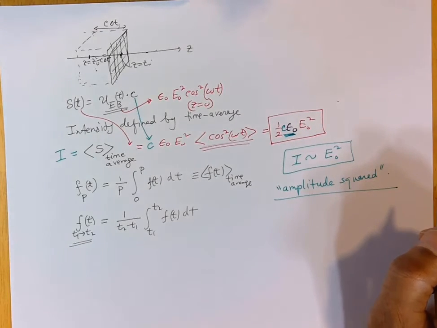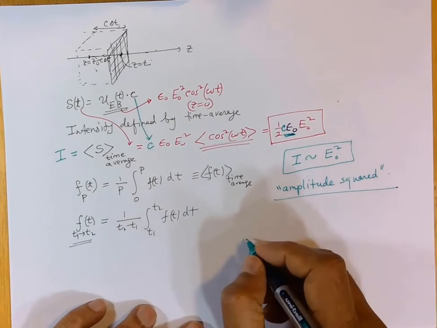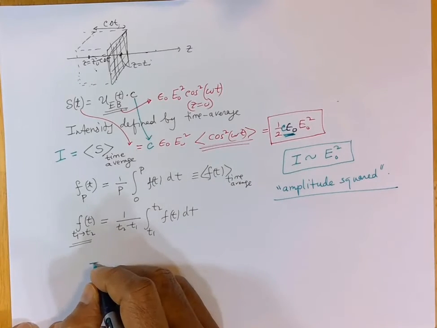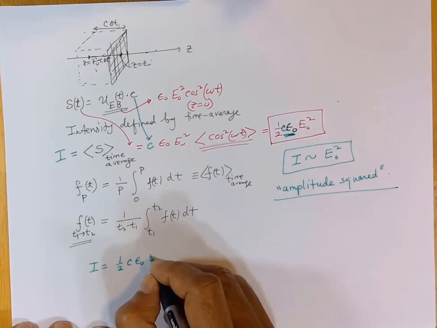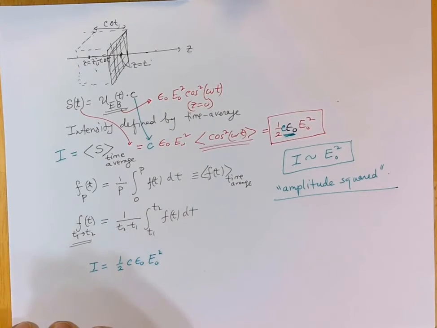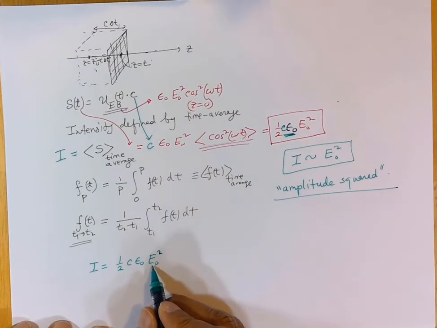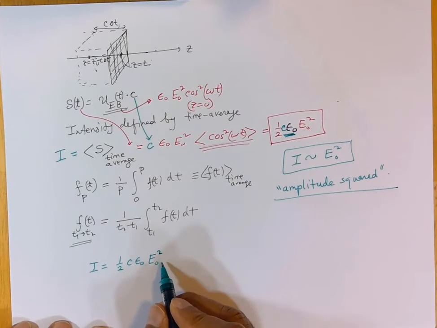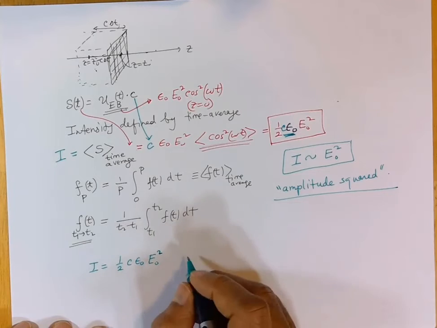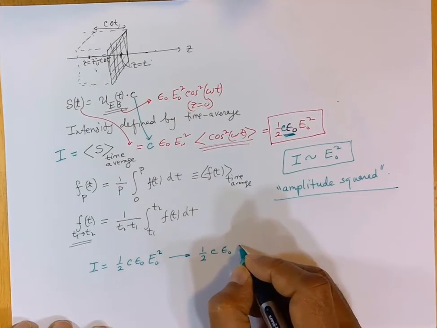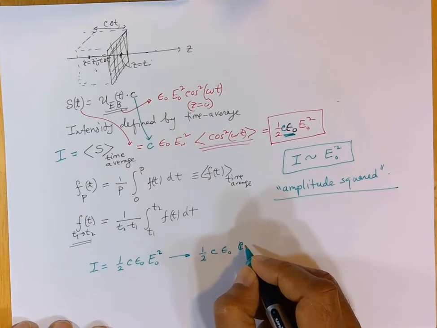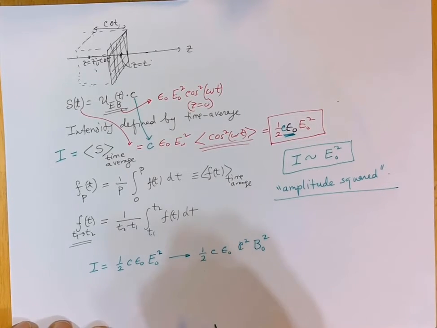So if I were to write in terms of the magnetic field, so I wrote electric fields. If I were to write the magnetic field, what do you think is going to be the expression? Well, this will have to be c squared B0 squared, right? So this will become half c epsilon naught c squared B0 squared.